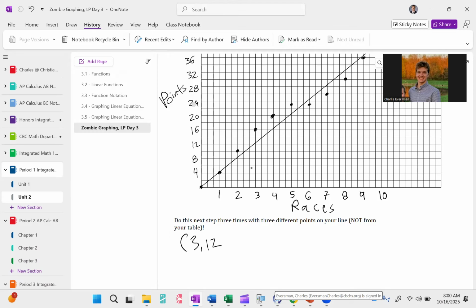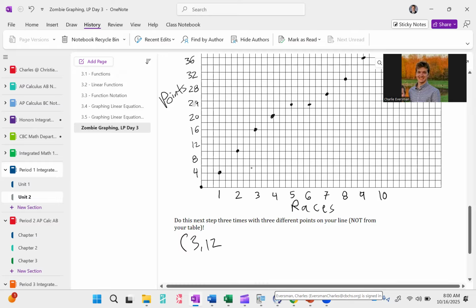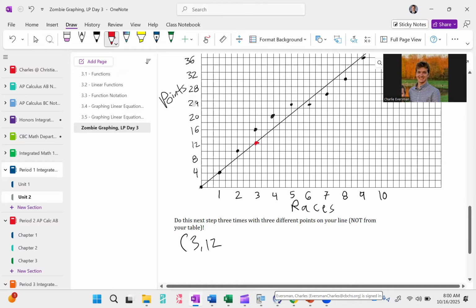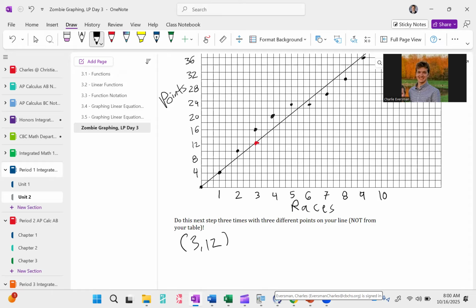Because that looks like it's about on my line right here. And I'm kind of just making up this point. Maybe I'll show you in red. That this is the point that I'm looking at, right? One that's on my trend line, not from my actual data. So this is point number one, 3, 12.